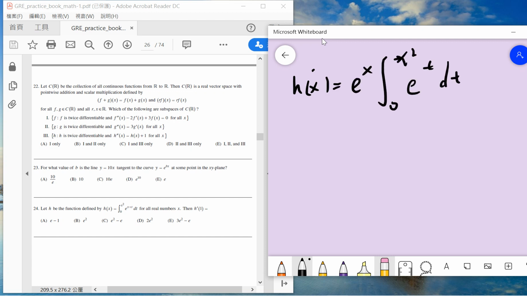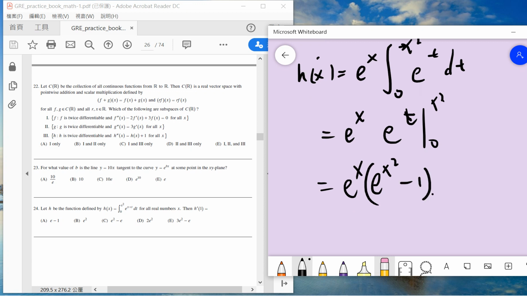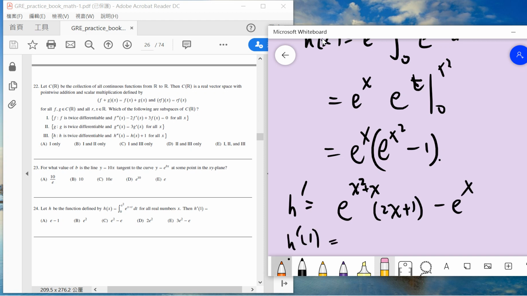So you do the standard integration, and then you do the derivative, and then you plug in 1. You get exponential 2 times 3 times exponential 1. So the answer is E.